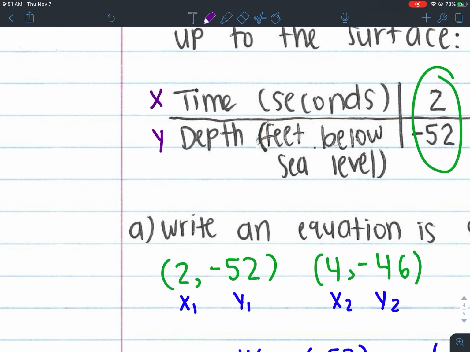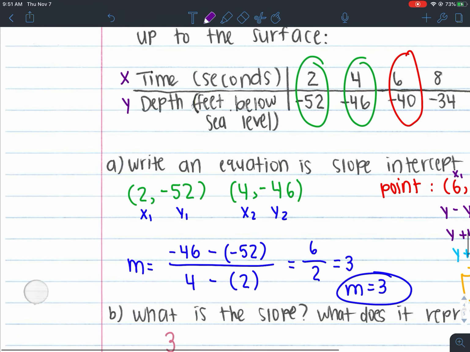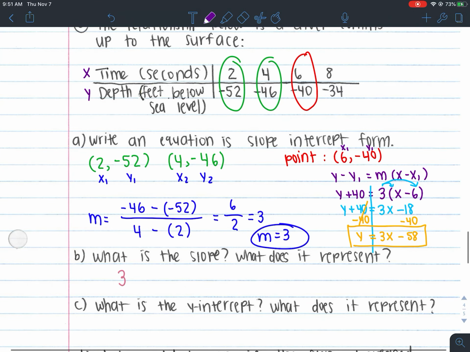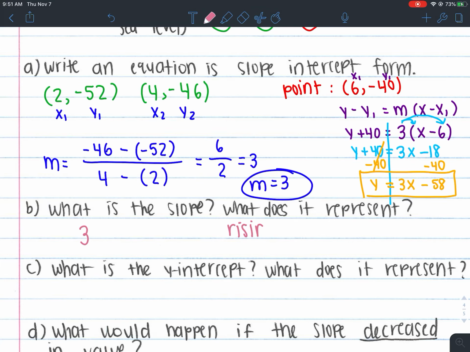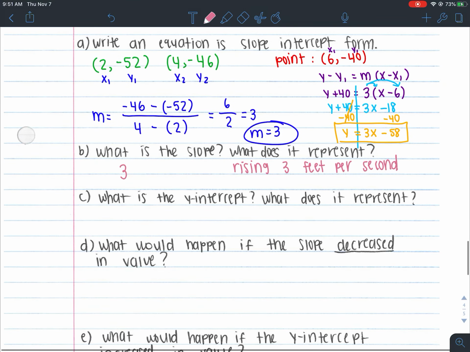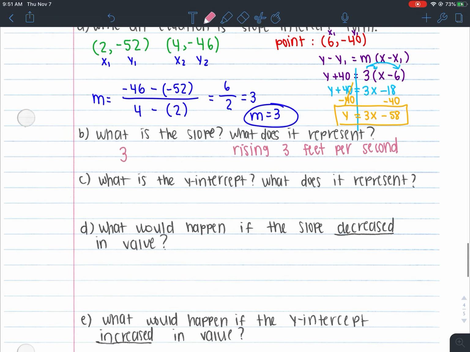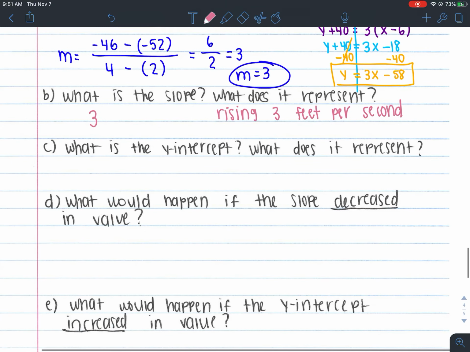Y was our depth. X is time because time is always independent. So for the units of my slope, we do y divided by x, depth divided by time, or feet divided by seconds. It means that he's rising 3 feet per second. That might seem kind of slow, but realistically, divers can't actually go up that fast, and if they do, it's really bad for their lungs.